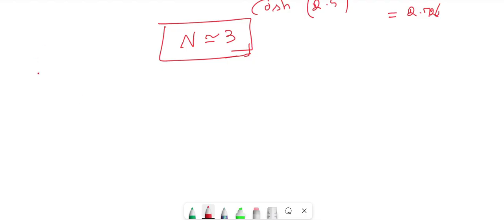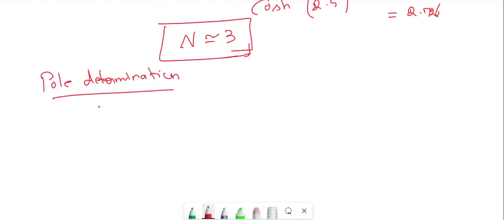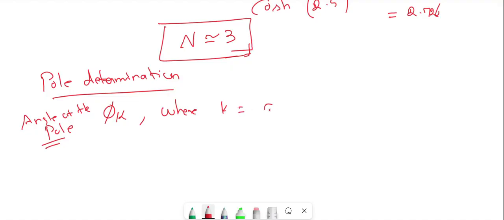Similarly, the pole determination is also important. If the angle of the kth pole is denoted by phi k, this is the angle of the pole, where k is equal to 0, 1, 2, up to 2n minus 1. In some books, the notation may be k equal to 1, 2, up to 2n.